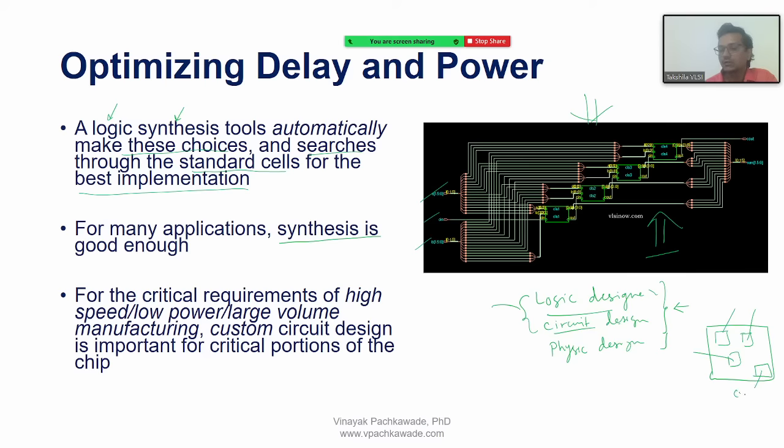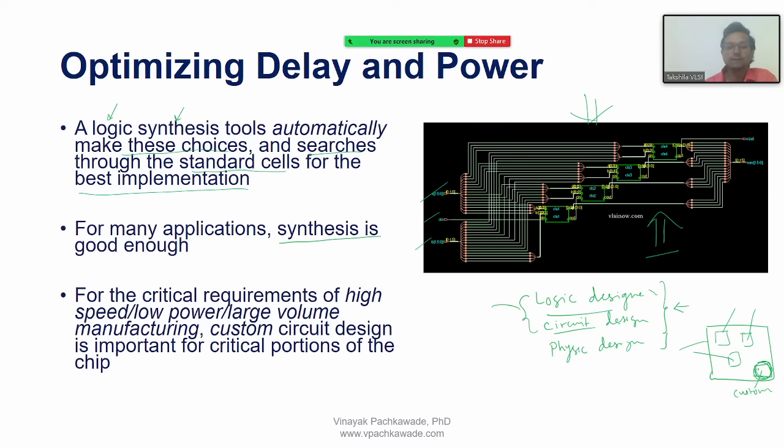that is called custom design. It's not automated for this particular block or logic or architecture or micro architecture, where high speed and low power are needed, or if this SoC is to be fabricated in a large volume, several tens of thousands of such chips, and there is some critical requirement of optimizing delay and power.